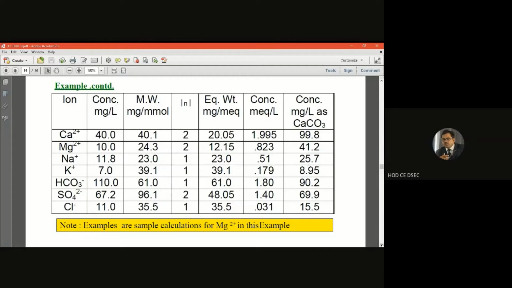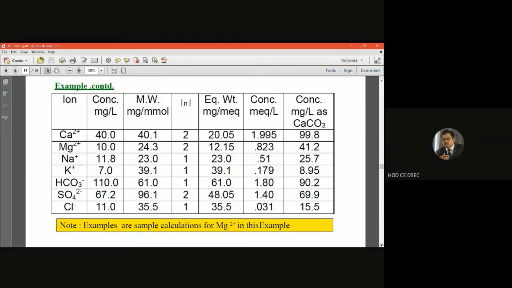So roughly, 50 divided by 20.05 is 2.5, not exactly 2.5, maybe 2.49 or something. If you multiply this with 40, then you can arrive at 99.8.